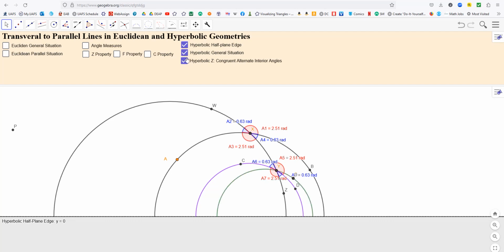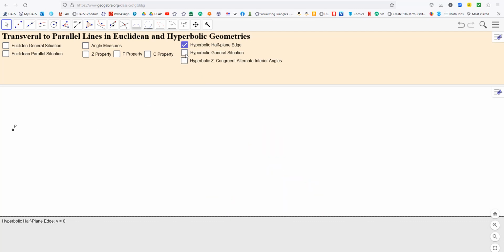But in hyperbolic geometry, there are many other parallels that don't have that. So just because they're parallel doesn't make the alternate interior angles congruent. So the property works in one direction only. All right, we'll come back and prove the situation in the other direction for Euclidean geometry in the next video.